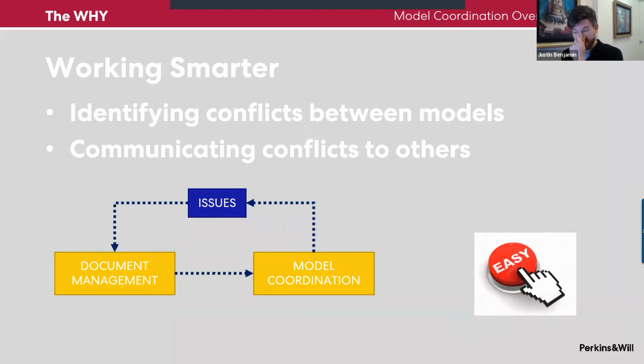So what we're going to find here is that we're all hopefully to some degree taking advantage of document management, which is just hosting our content on BIM 360. And then we're going to be using this new module, model coordination. It's just going to be looking at those Revit files that you're hosting and generating clashes off these files. And then of all the clashes that you generate, you create issues out of the ones that are especially important.